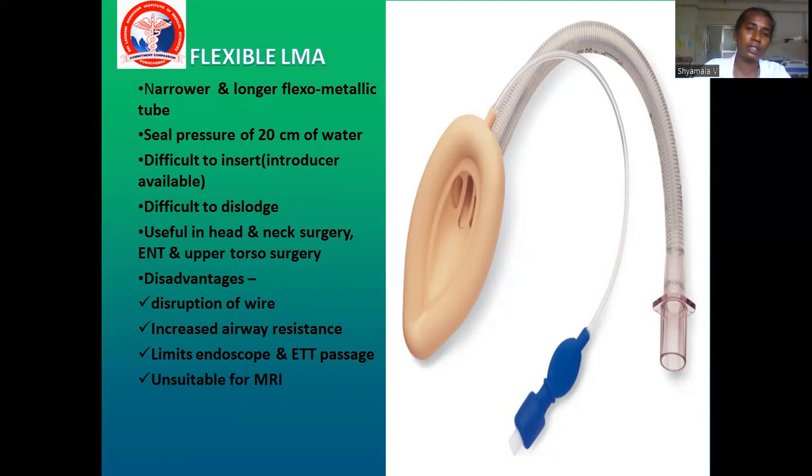You can't just hold it and introduce it. Once inserted properly, it is very difficult to dislodge, and useful for all head and neck surgery, ENT, and upper dorsal surgeries. Main disadvantages: disruption of the wire, increased airway resistance, limited endoscopy and ET tube passage, and it is unsuitable for MRI.